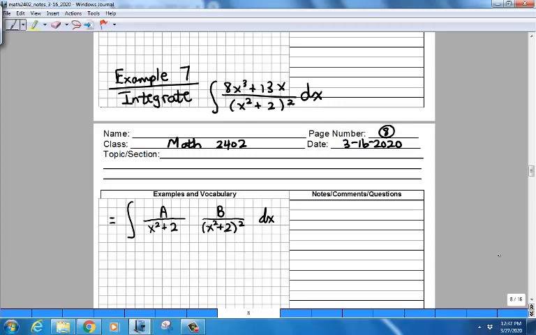But things are a little bit more complicated because this denominator is a polynomial, x squared plus 2, but it's not a first degree polynomial. This is a quadratic polynomial, and you cannot factor it into a product of first degree polynomials, okay?